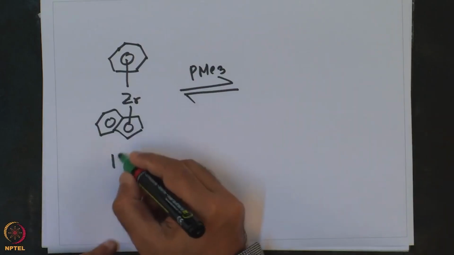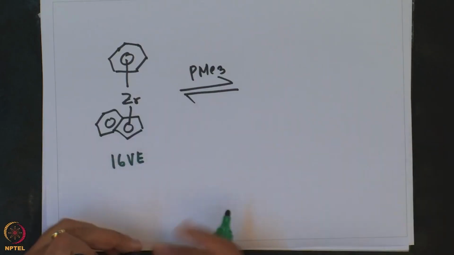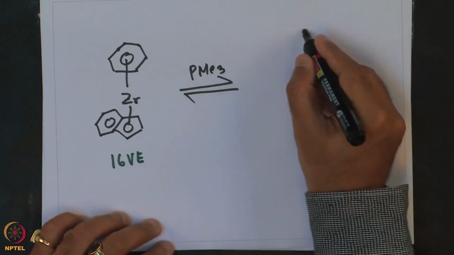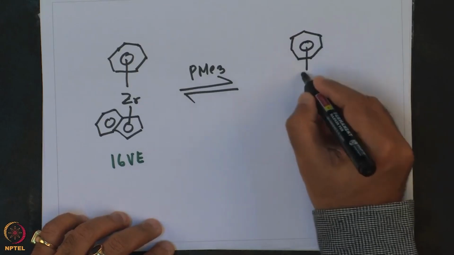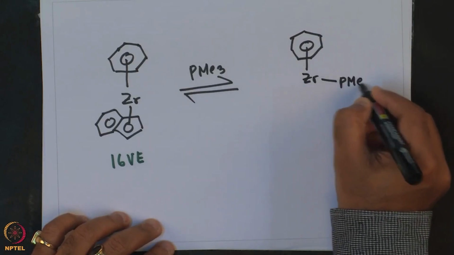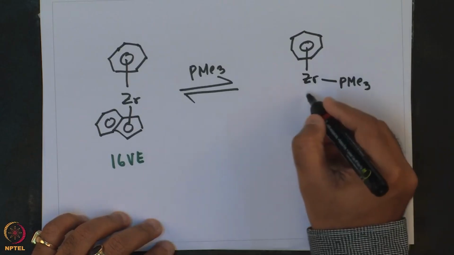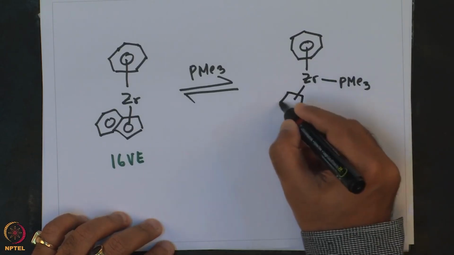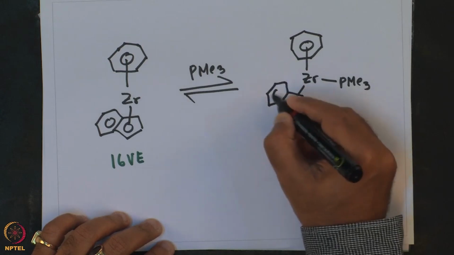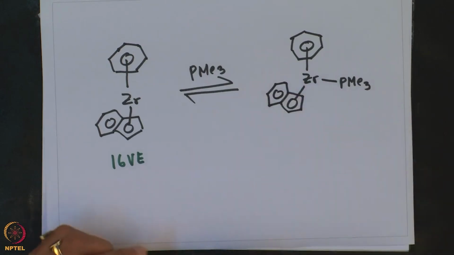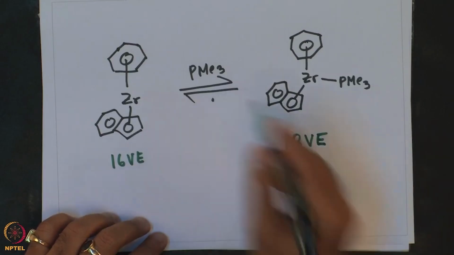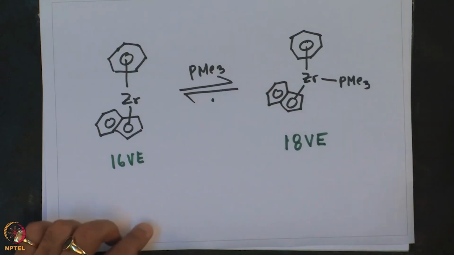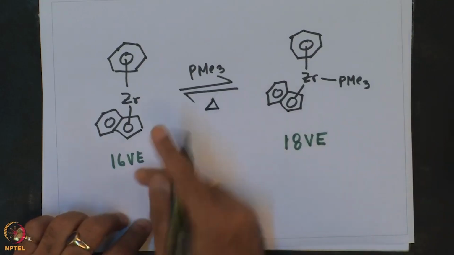So, this is a 16 valence electron species, easily coordinates with the PMe3, giving the zirconium PMe3 adduct of this complex, which also is an 18 valence electron species, and under vacuum this goes back and gives back the 16 electron species.